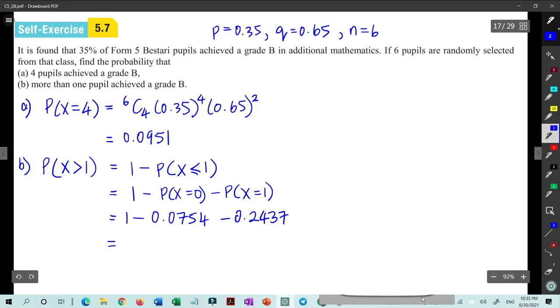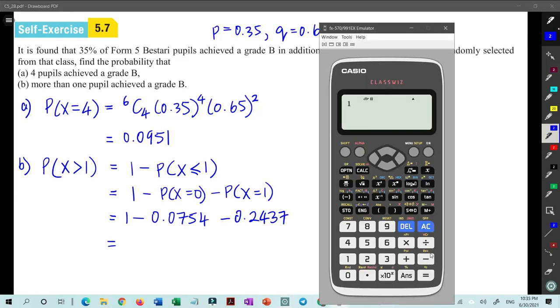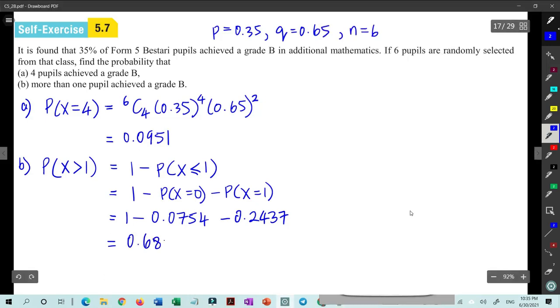Okay. The final answer is 1 minus 0.0754 minus 0.2437. And I get 0.6809. Done.